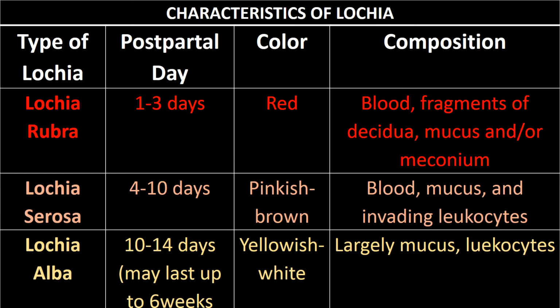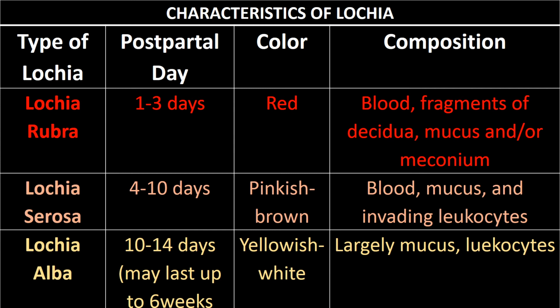We have a review of the different lochial discharges according to type, postpartal day, color, and composition. As discussed a while ago, when we say Lochia Rubra, it happens in the first 3 days after delivery, and it is colored red. It is composed of blood, fragments of decidua, mucus, and even meconium. The second type is Lochia serosa, and it appears on the 4th day up to the 10th day of postpartum period.